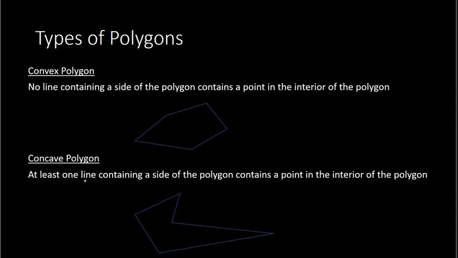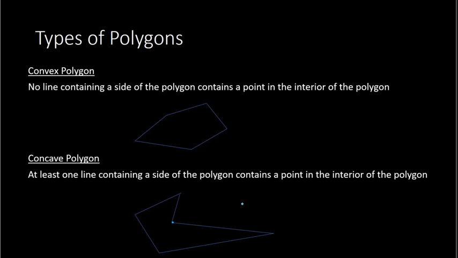A concave polygon has at least one line containing a side of the polygon that contains a point in the interior of the polygon. So this point right here is in the interior of the polygon. Just imagine this as being a cave. Concave will look like it has a cave in it, whereas convex does not have that. So make sure you know the difference between a convex and a concave polygon.